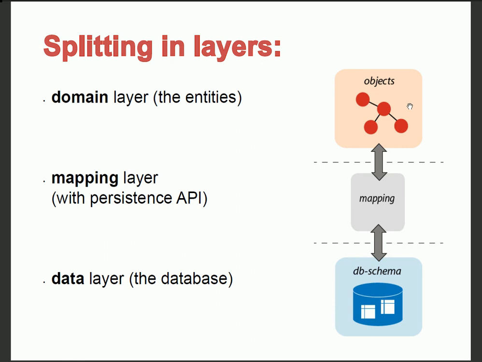But if you do this, you put a mapping layer in between that generates the SQL, and you just query the objects. You get a different kind of model, and I think you get a clearer model, and that's one of the most important things of splitting those responsibilities.